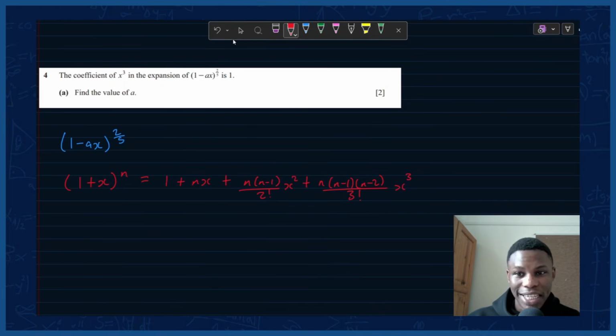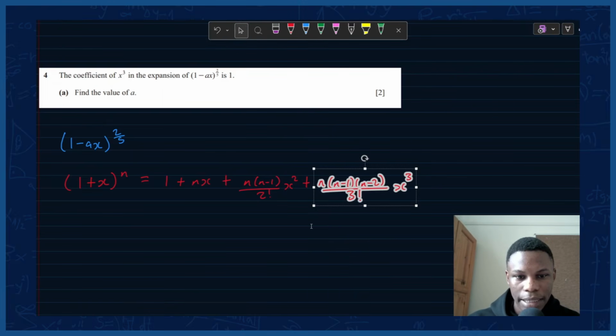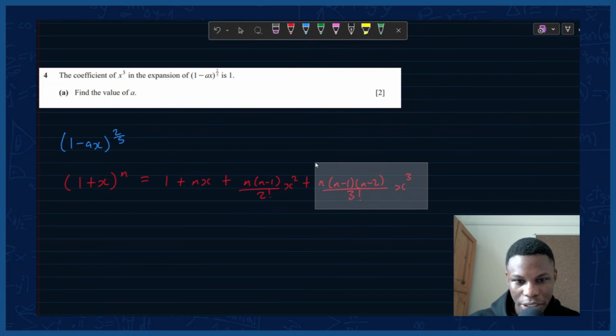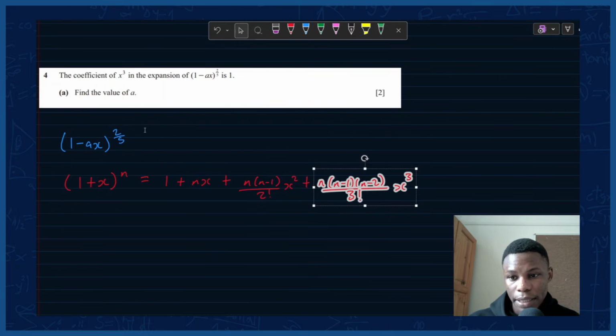So we are looking for the term in x cubed, meaning that's the part that we want. If you look at our expression here, our x is going to be this negative ax, and our n is going to be this 2 over 5. So I simply have to substitute in here with that in mind.